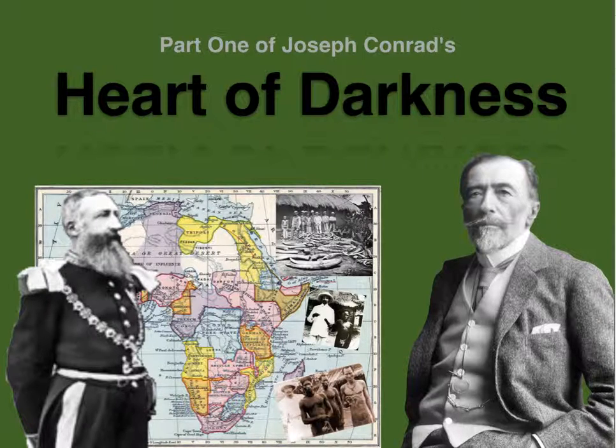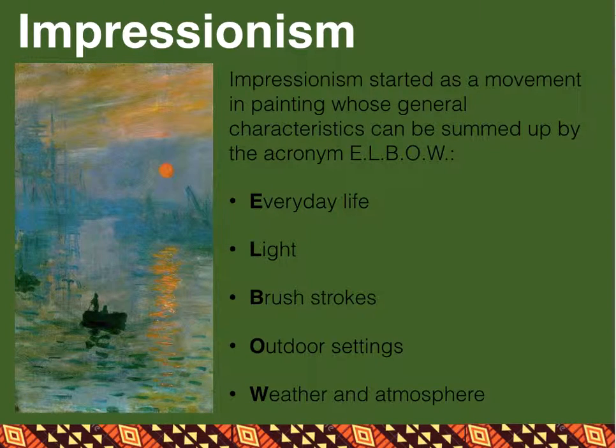Now I want to get into the actual book and literary features of Heart of Darkness. First thing I want to say is that this is one of the first impressionistic pieces of literature. You might be familiar with Impressionism as an art form.